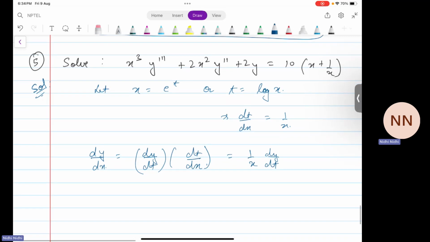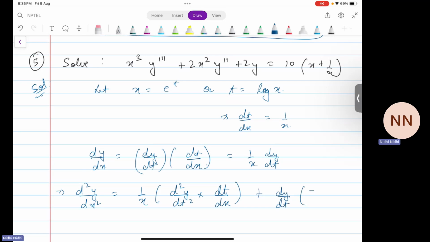And similarly, d2y by dx square would be, now we'll be using the product rule. 1 by x as it is, derivative of dy by dt with respect to x. So we'll get d2y by dt square times dt by dx, plus dy by dt as it is, derivative of 1 by x is minus 1 by x square.